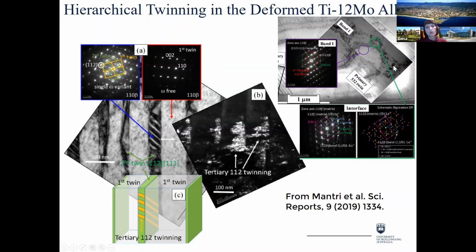The idea was that possibly it was a fully martensitic band, but on load removal it transformed back partially to beta phase. But as you could see, we really need a lot of detailed in-situ experiments to fully elucidate the sequence of phase transformations taking place, which form such complex microstructures.